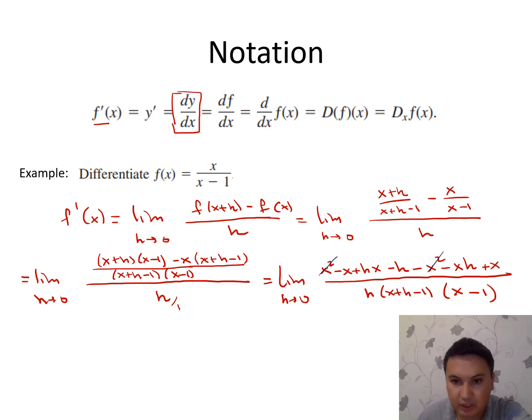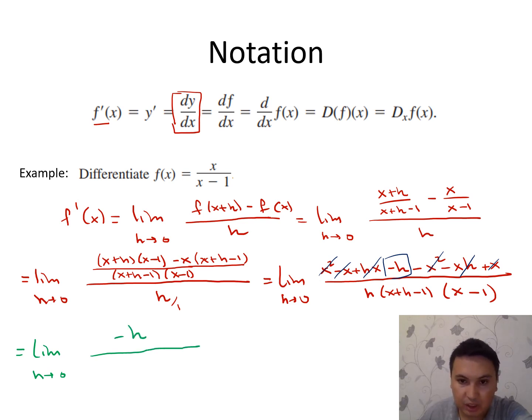So x squares cancel, plus xh minus xh cancel, plus x minus x cancel. So I'm left with a single minus h. Let's not cause confusion. So what we get is at the top I'm left with minus h. At the bottom I have h times x plus h minus 1 times x minus 1.